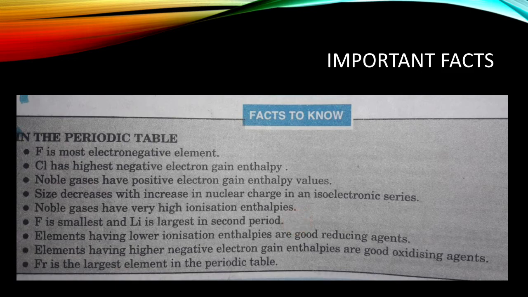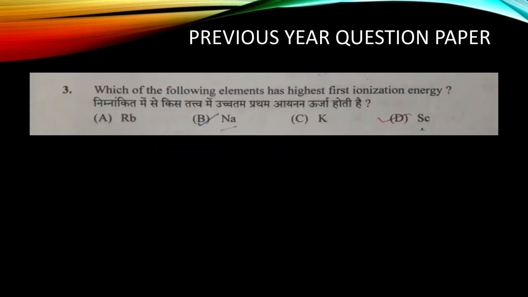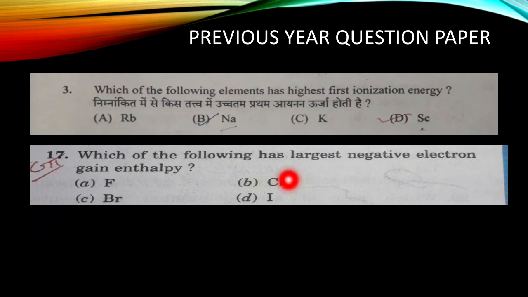These concepts you need to know first, and thereafter we are going to discuss previous year question papers. You can see the first question from here is on highest ionization enthalpy, so it is based on ionization enthalpy. Next, the second question is on electron gain enthalpy. These are all in TGT.